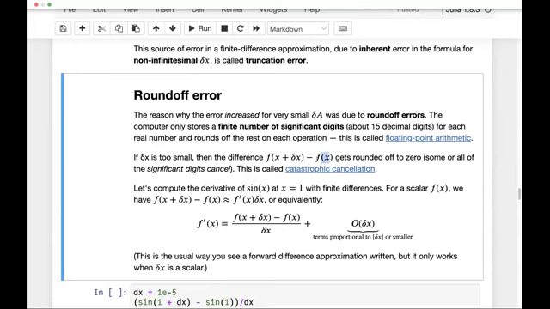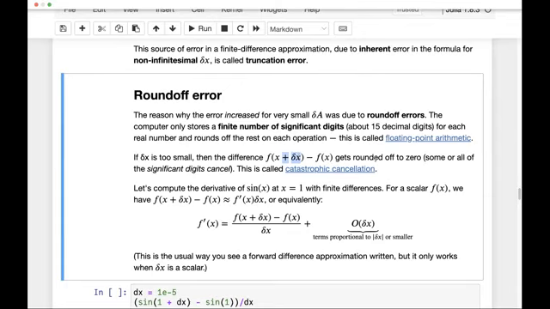In fact, even when you take x plus dx, if you're only storing 15 digits and you add a delta x that's 10 to the minus 100th, x plus dx will just give you x, because it'll round off back to x. It won't be able to store that 1 in the 100th decimal place.